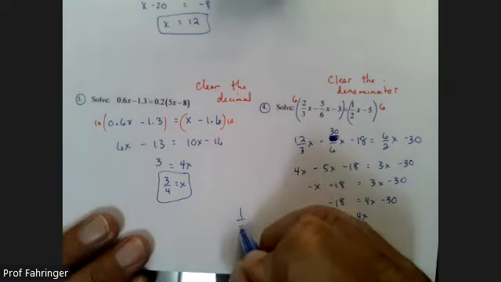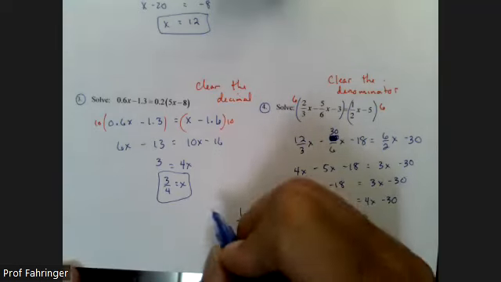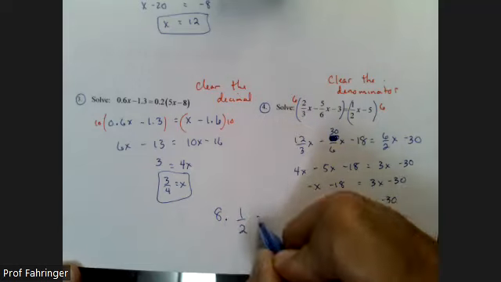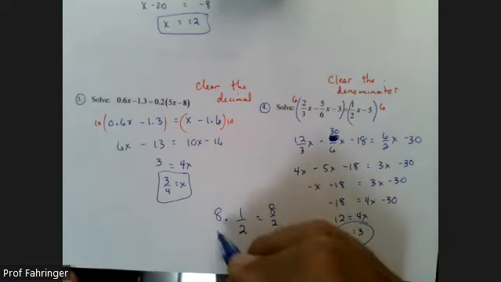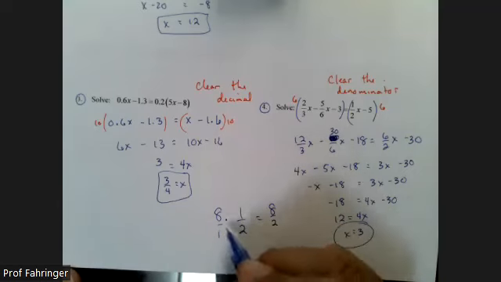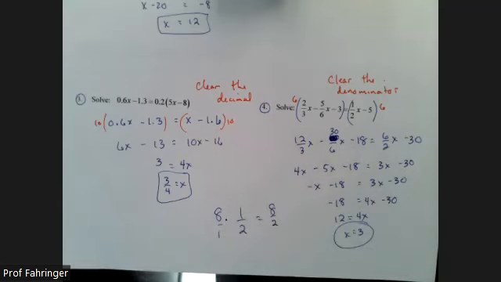So if I have a half of a pizza and I buy 8 halves, isn't that 8 half pizzas? Yes. Because remember, 8 is really 8 over 1. We take 8 times 1 and 1 times 2 when we multiply. But if I have a half a pizza and I multiply it by 8, I now have 8 halves, which is 4 whole pizzas.